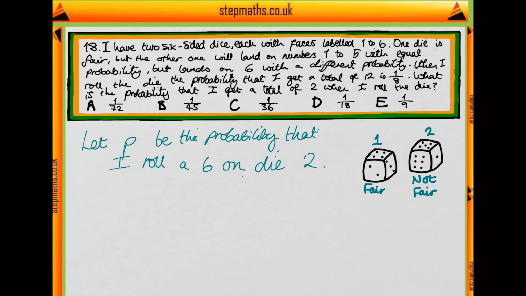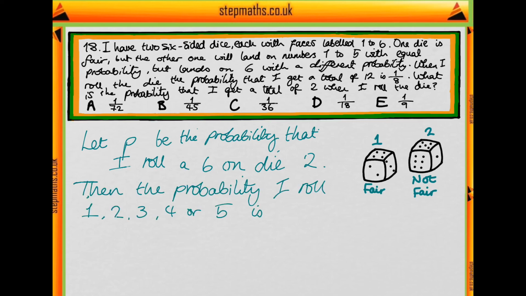So now would be a good time to pause the video and see if you can work out the probability that we roll a 5 on dice 2, or a 4, a 3, a 2, or a 1. Well, the probability that we roll one of the other numbers is just (1 minus P) over 5.